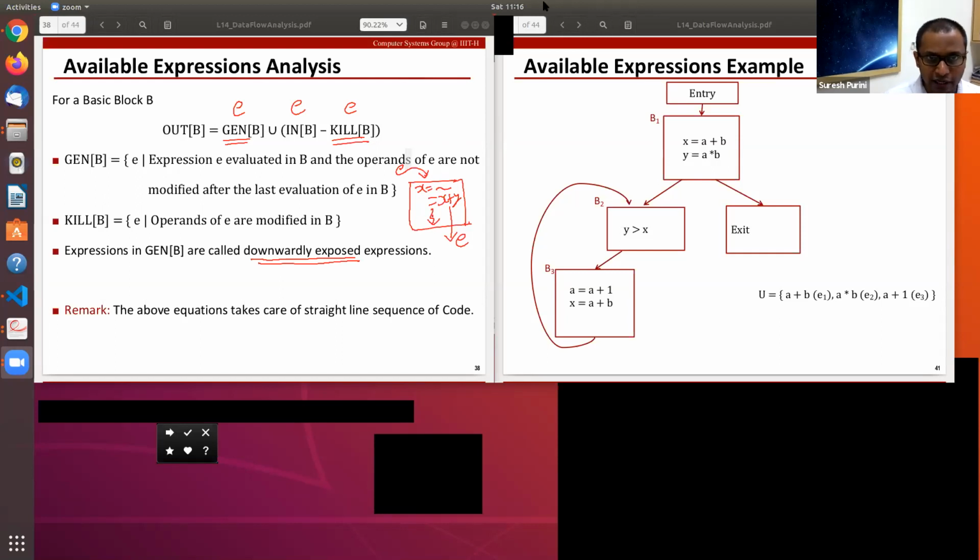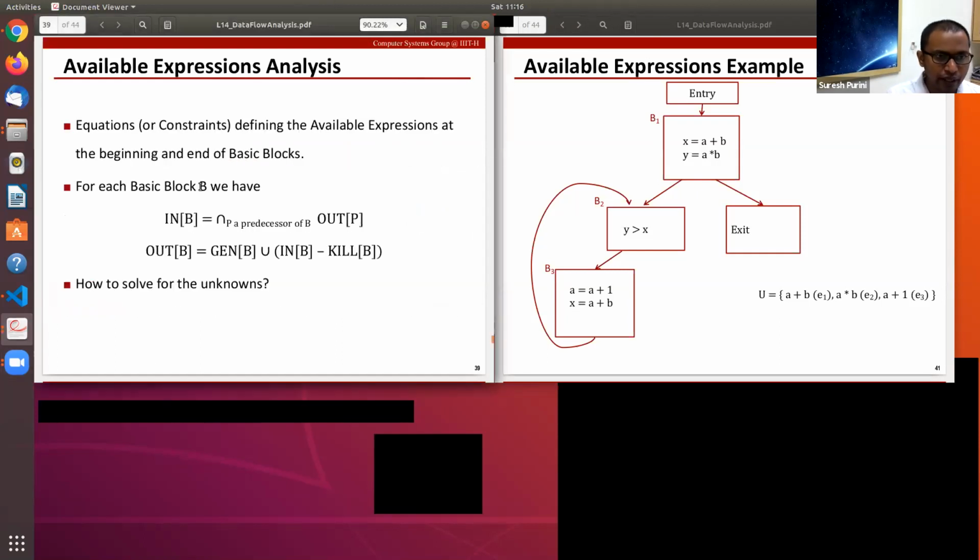So with this, the next idea is the In B sets. We have seen already the set of expressions that are available at, if you have something like this, the basic block B, it has multiple predecessors.